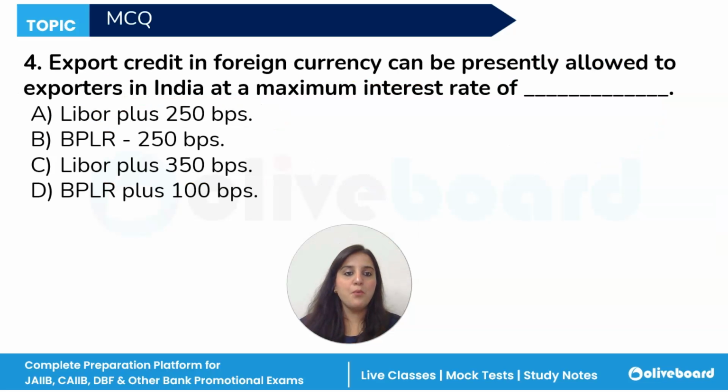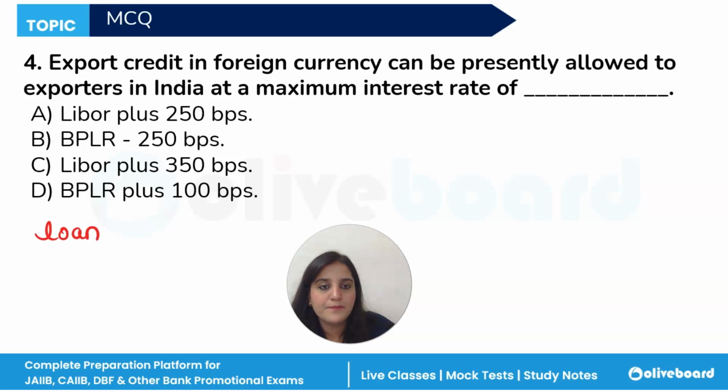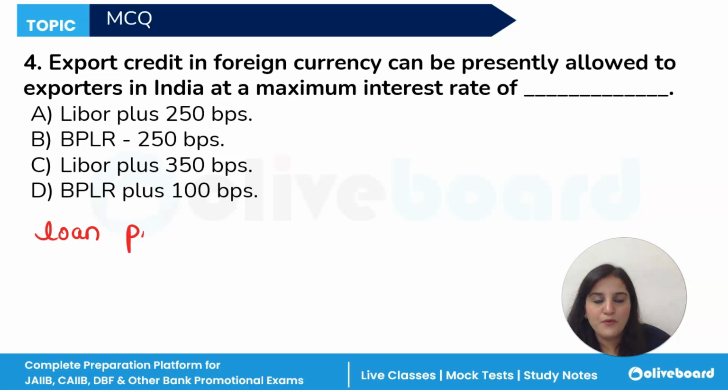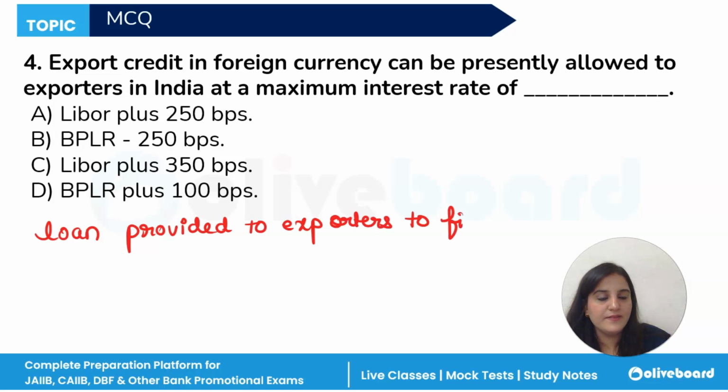Yeah. Export credit in foreign currency can be presently allowed to exporters in India at a maximum interest rate of, see, what is the meaning of export credit? Export credit in a foreign currency is like a loan provided to exporters to finance their export activities.